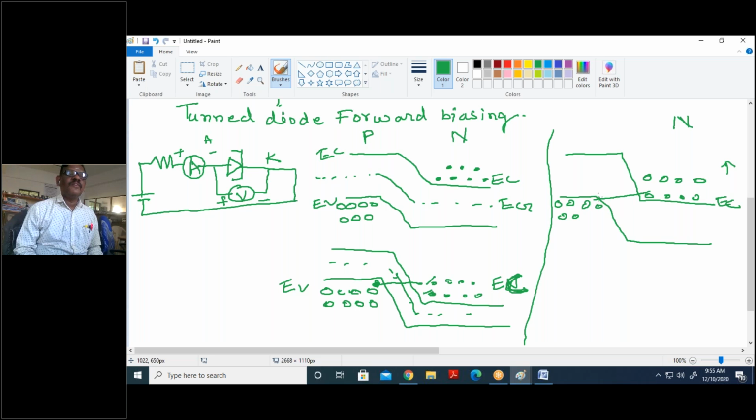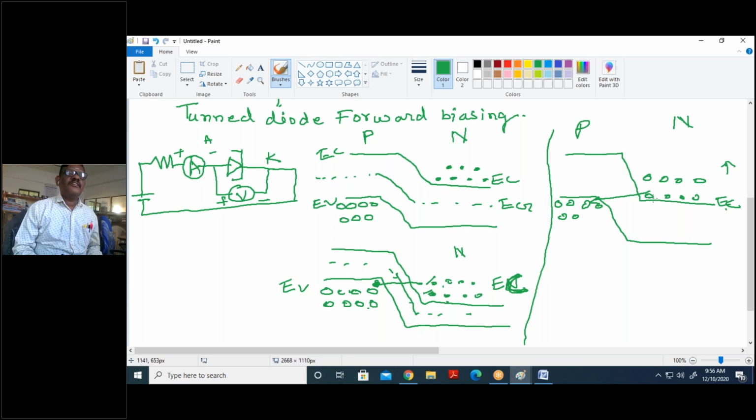tunneling will decrease. Whenever applied tunneling is high, two layers inside tunnel to the opposite valency band. But here after applied more voltage, more than 0.1, 0.2, this valency band comes down from P type, but N type conduction band moves to the upside.